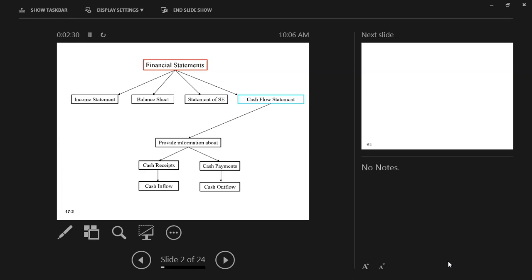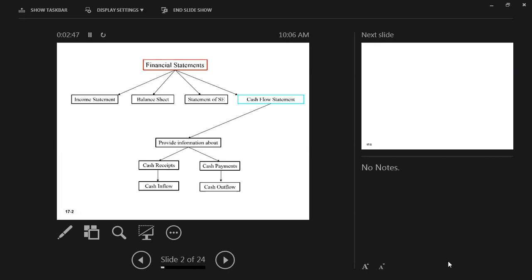And maybe some of your cash belongs to other people. That means it's not inside your company. If your cash is not inside your company, it is outside, so we should report it under cash outflow. Do you understand my point?